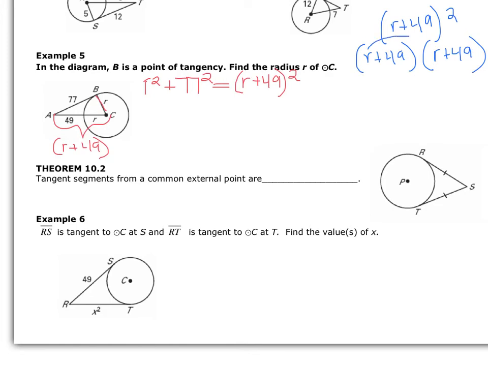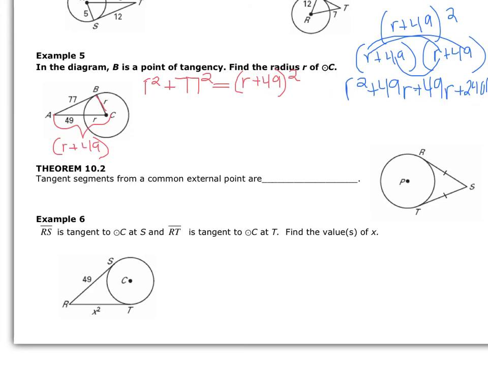So you're going to do r times r, which is r squared, and then r times 49, which is 49r. Again, 49r. And then you have 49 times 49, which gives you 2401. So this right here turns into all of this.